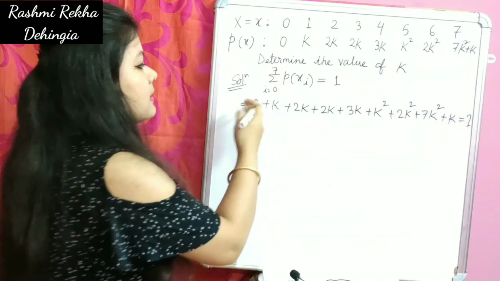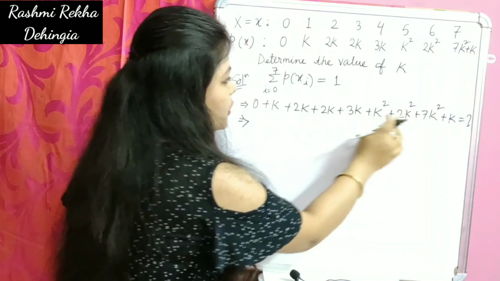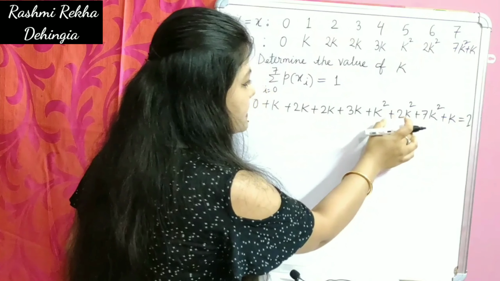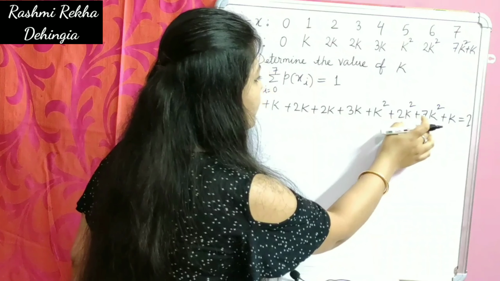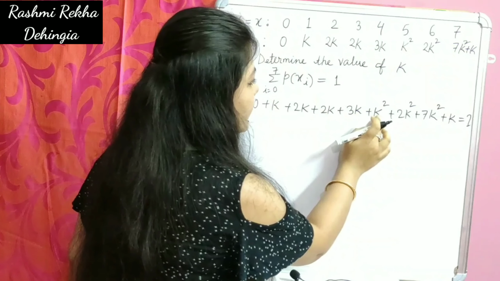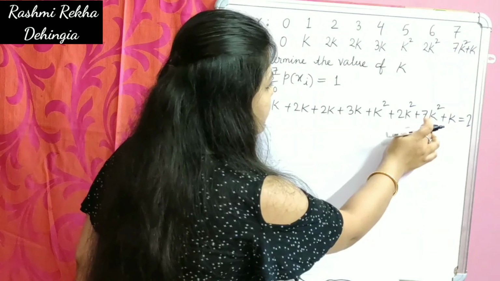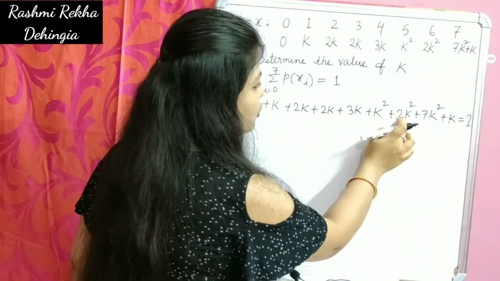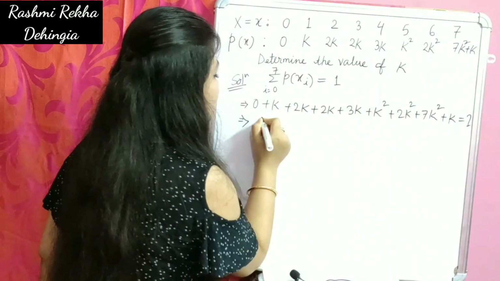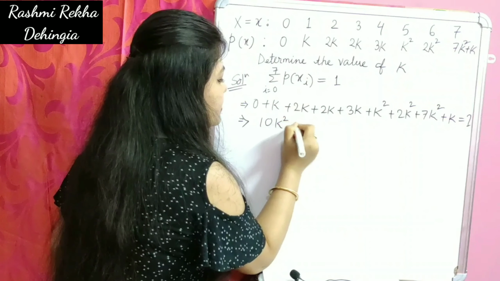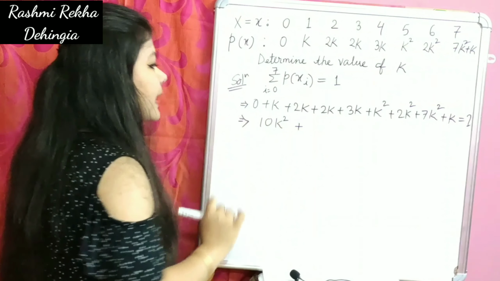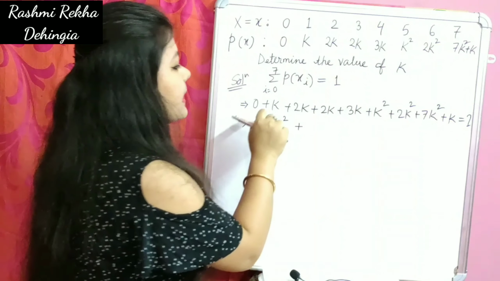First of all, we will write down the terms associated with k square: k square, 2k square plus 7k square. So 2 plus 1 is 3, 3 plus 7 equals 10. That gives 10k square.